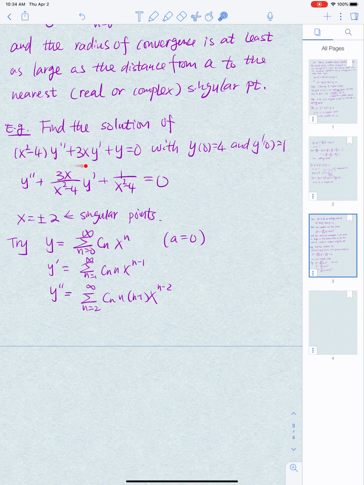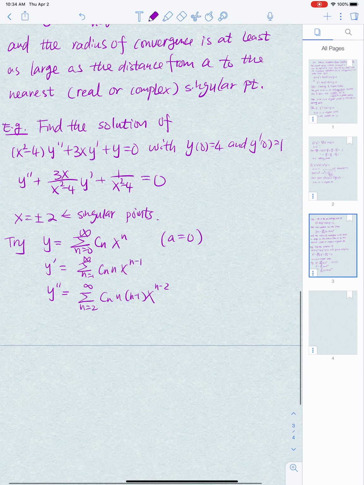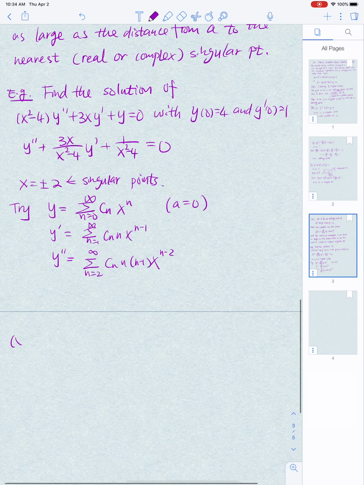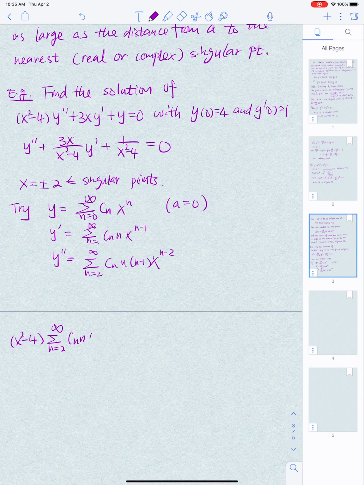So we plug it back into the original one. And then we're going to distribute the functions inside the summation.